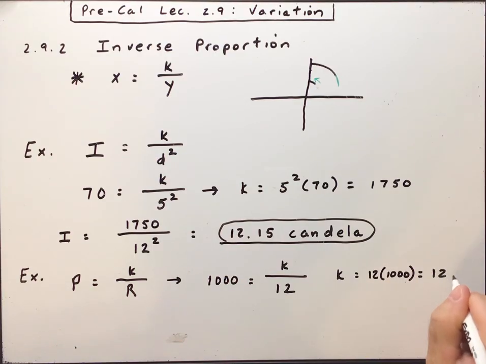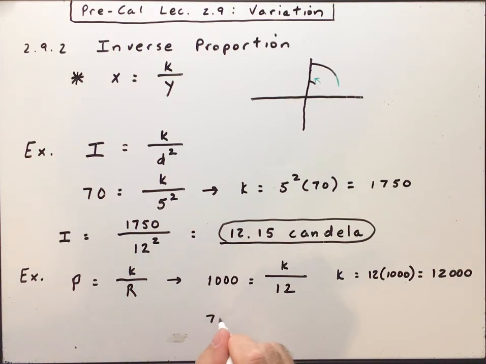So that's 12,000. So the question says, what is the resistance when the power is 700 watts? So 700 is equal to, we know that K is 12,000 over R.